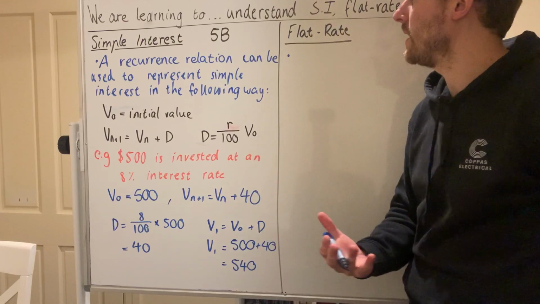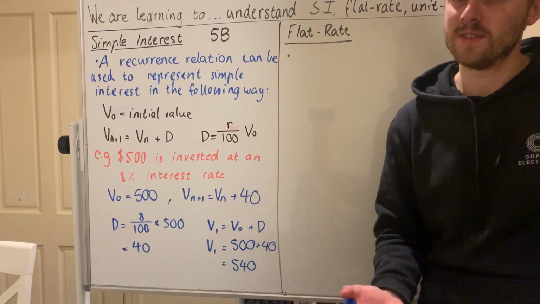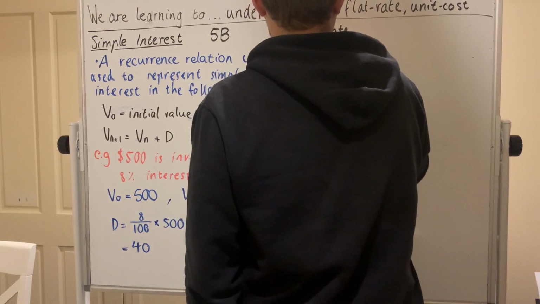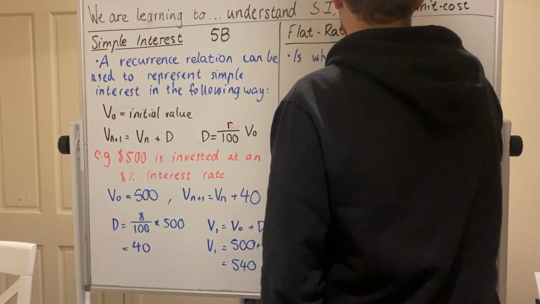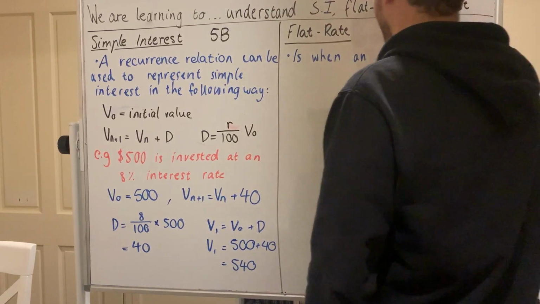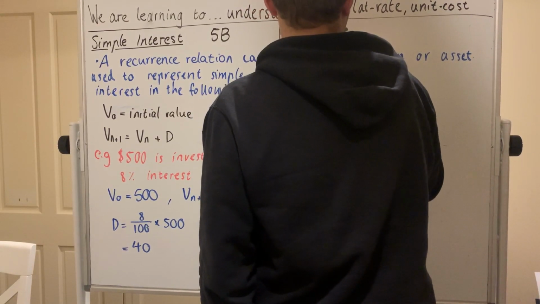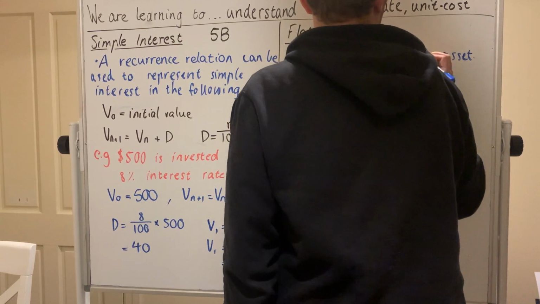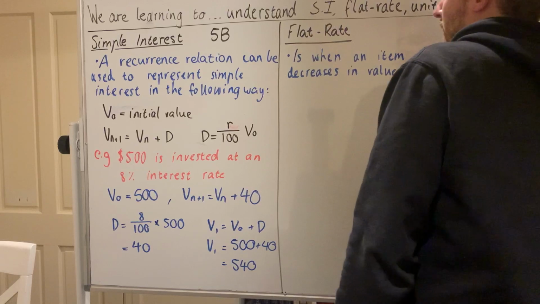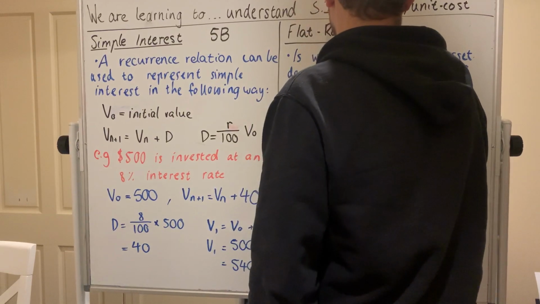So like a car might decrease in value at a rate depending on how many kilometers it does or something like that. That's when an item or asset, how much it's used.